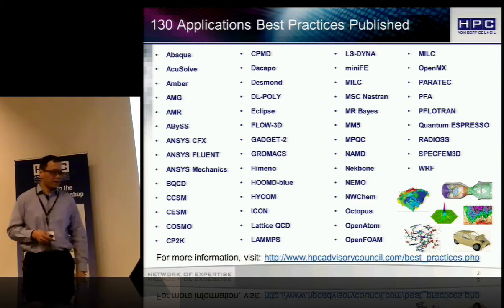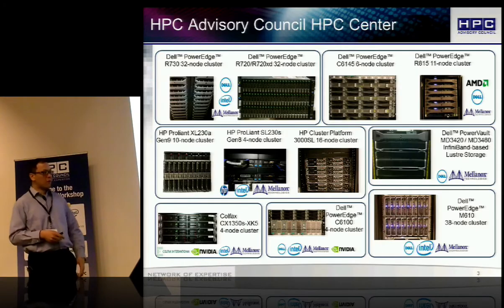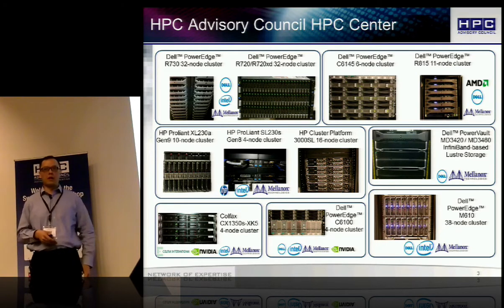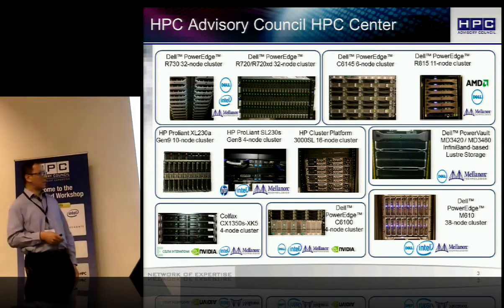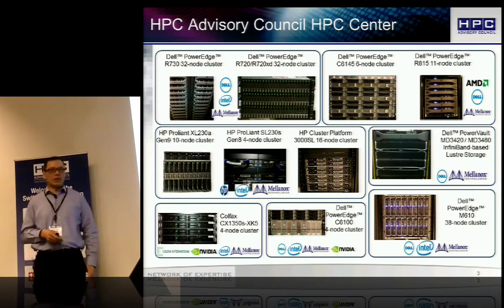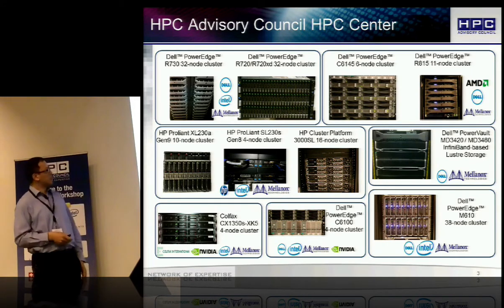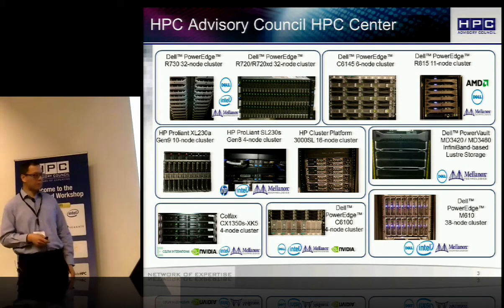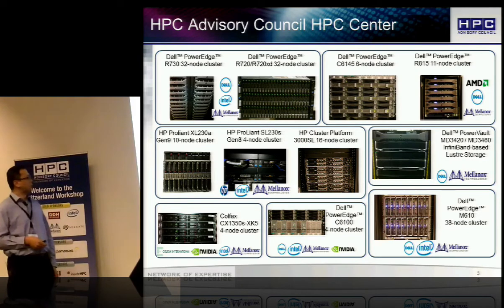Here is another brief overview of what we have at the Advisory Council Cluster Center. We have many generations of hardware in the lab, which is located in Sunnyvale, California, in the US. We have Haswell systems, the latest ones from Dell and HP, and thanks to those vendors for providing us the resources for running the benchmarks that we're doing.